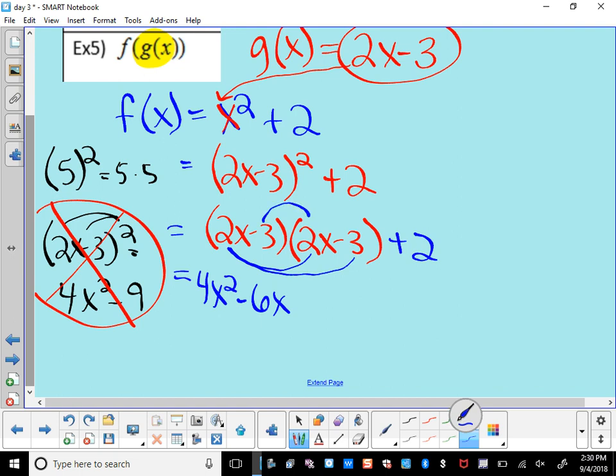Negative 3 times 2x, which is negative 6x. And then the L stands for last, my last 2 numbers in each parenthesis. So negative 3 times negative 3, which is positive 9. And then we can also bring down my 2.